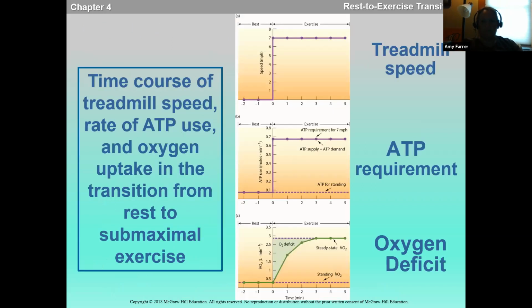So if we look at a treadmill and we're looking at speed, if we go right to 7 miles per hour, our ATP and energy expenditure is going to require between 6 and 7 moles.